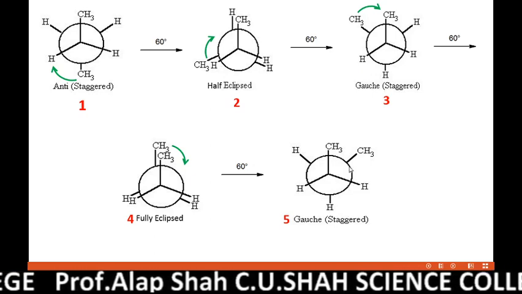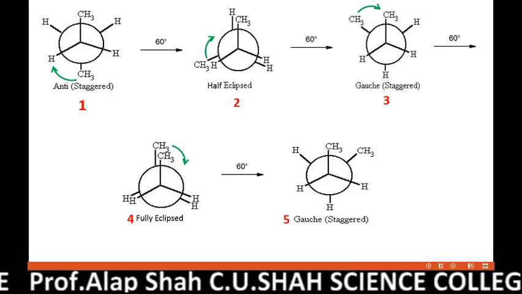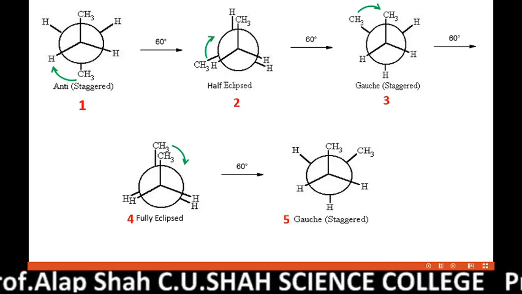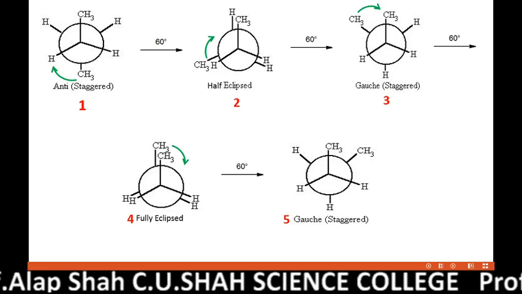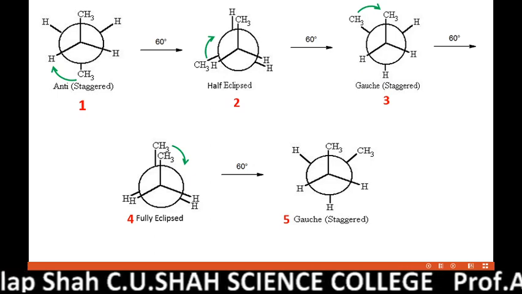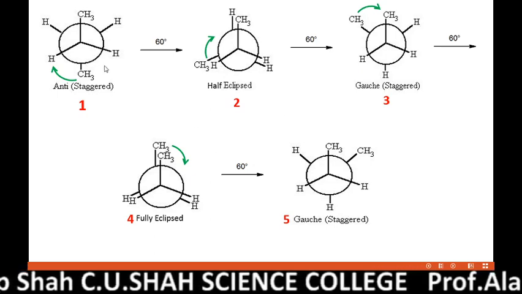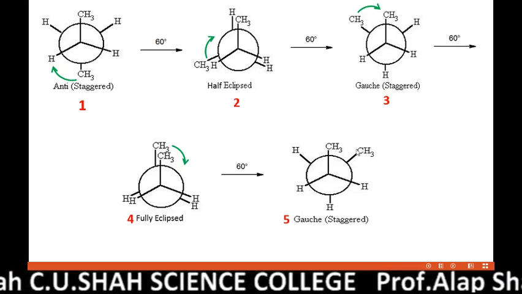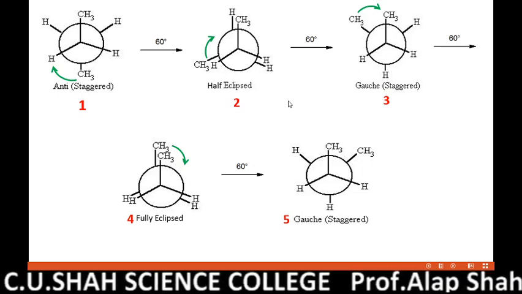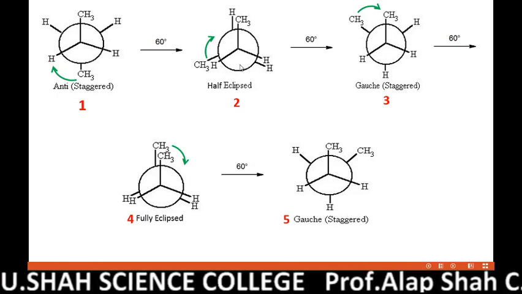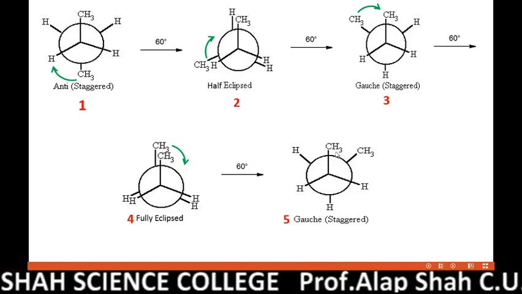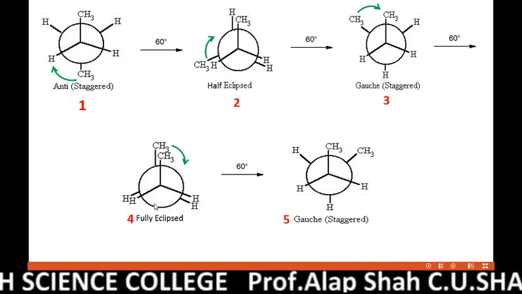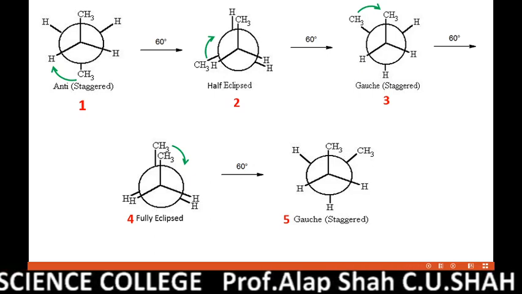So now you can understand, friends, out of these five, three are staggered and two are eclipse. Even in the staggered, number one is the most stable. Lesser than that, 3 and 5 are equally stable. Second is even less stable than these two. And then fourth, full eclipse, is the most unstable conformer of butane.